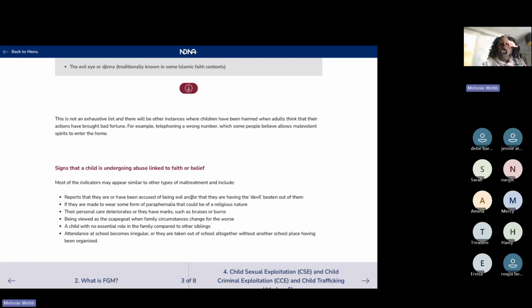Most of the indicators may appear similar to other types of maltreatment and include reports that they are or have been accused of being evil and they need the devil beaten out of them.